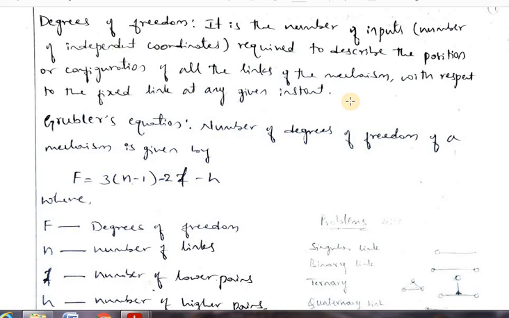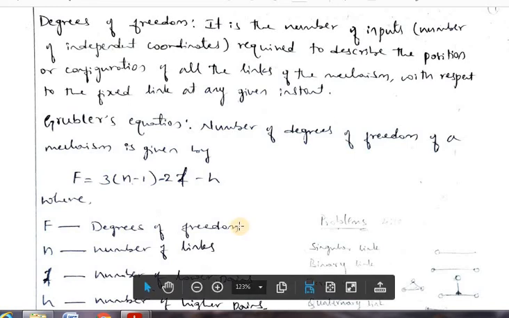Also the shaft can have a sliding motion, that is, it can slide in the horizontal direction and it can rotate also. Then we call it 2 degrees of freedom. So by knowing the degrees of freedom, one can constrain the motion to get the required mechanism or the required motion in the element.